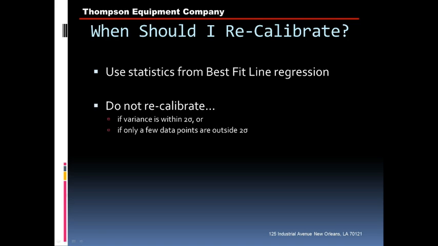2 sigma is a statistical measure which just basically means the average error of the data set you used to derive your best fit line, from the best fit line.